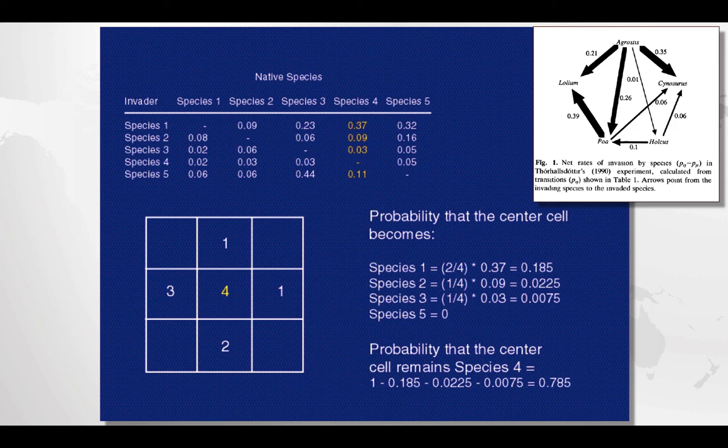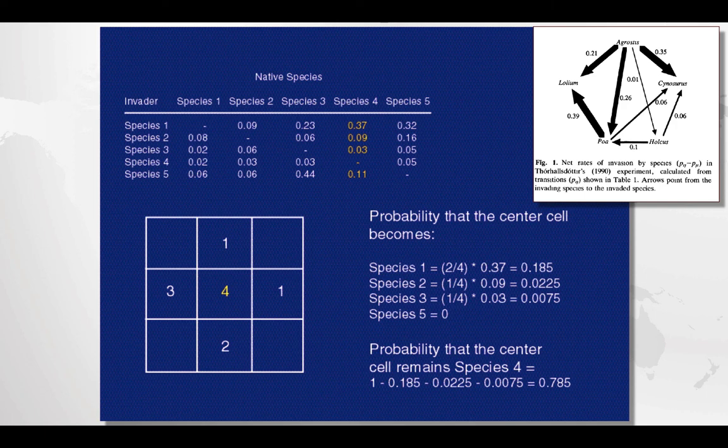We estimate what's going to happen at that center cell by looking at the probabilities that one species will replace another. That's what the table at the top shows, where we have the native species, the ones in the center of the cells, and the invader species are the rows.